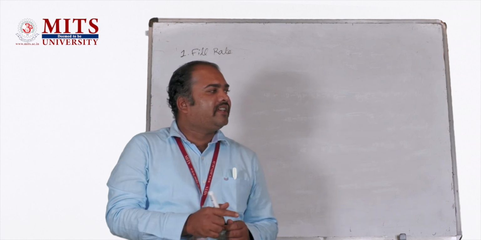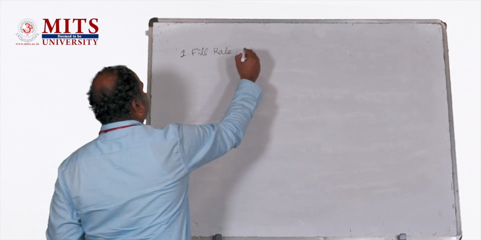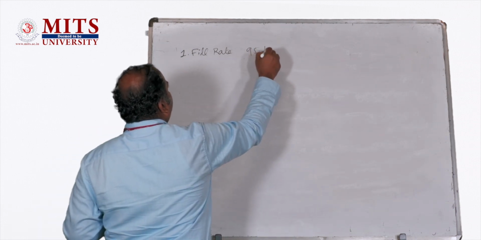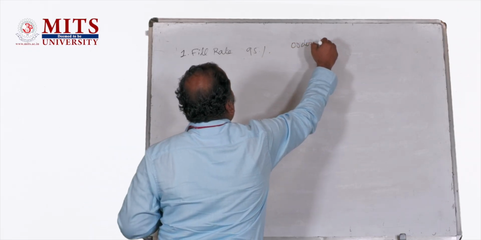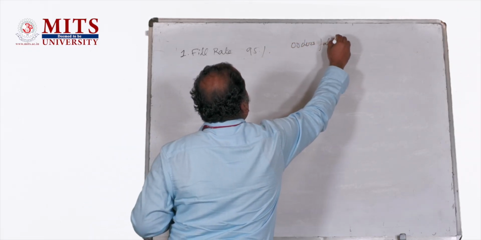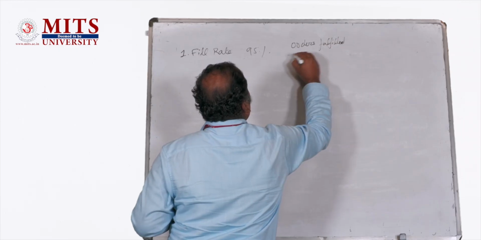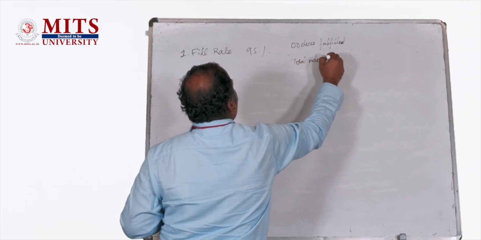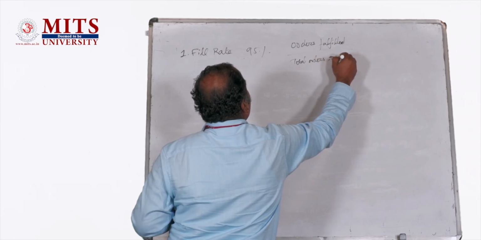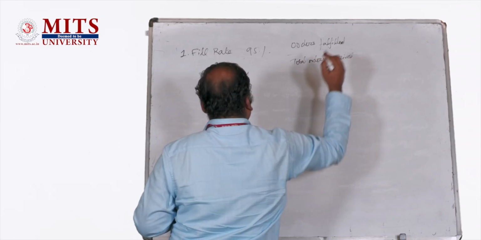That means his fill rate is 95%. It is simply how many orders have been fulfilled divided by total orders received. So, simple metrics.